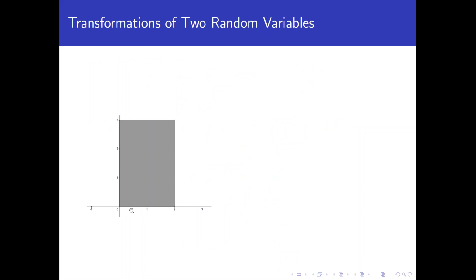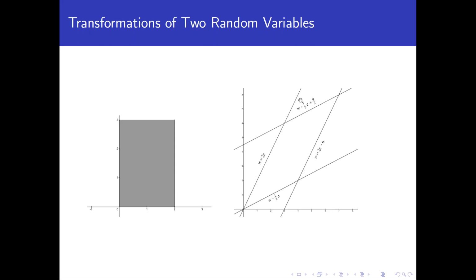So if we look at a picture, here was the support for x and y. Remember, this line went to w equals 2z. This line went to w equals 2z minus 6. And then the other two lines as well. So here's your w equals 2z. This was the one that corresponded to x equals 0. This is the one that corresponded to x equals 2.